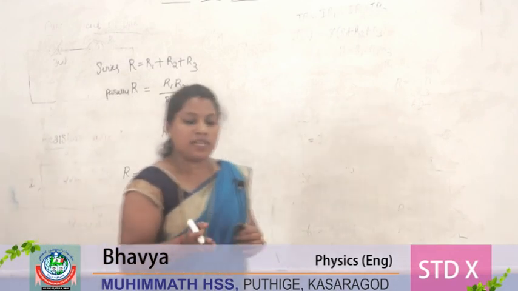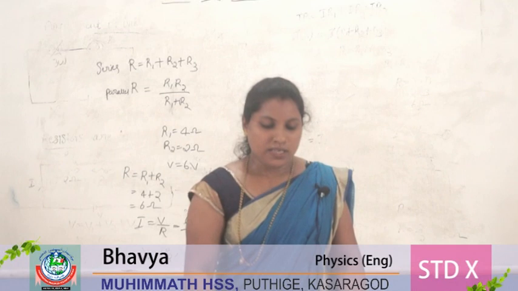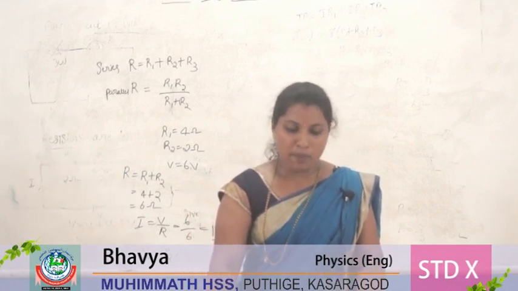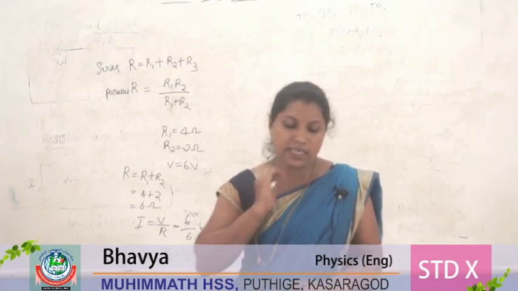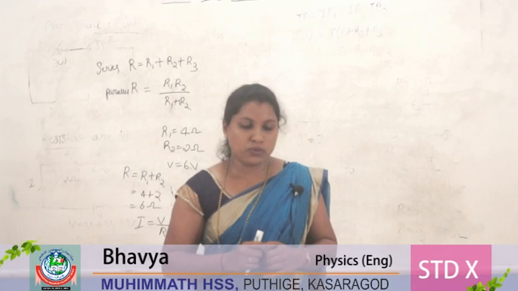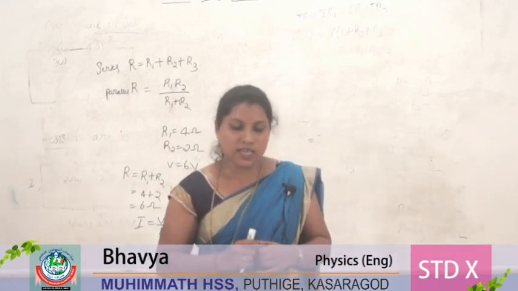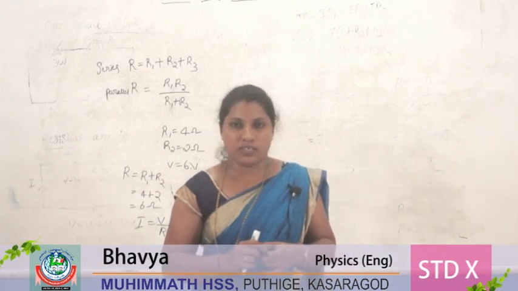Similarly, next in a parallel connection, see the question. What is the current if 12 ohm and 4 ohm resistors are connected in parallel and a 12 volt potential difference?